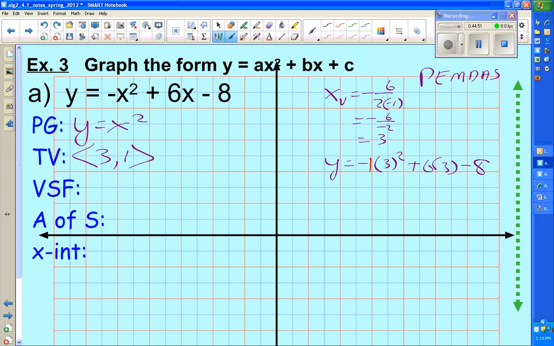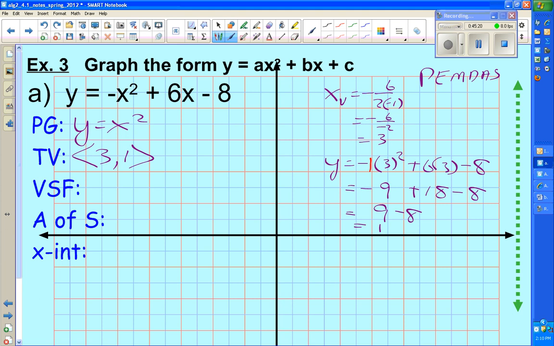Exponents before you multiply. That's going to give you negative 9 plus 18 minus 8, so 9 minus 8 is 1. Now, you probably did negative 3 squared and got 9, plus 9 is 18, minus 8 is 10. Or 9 plus 18 is 27, minus 8 is 19. Whatever it was you got.